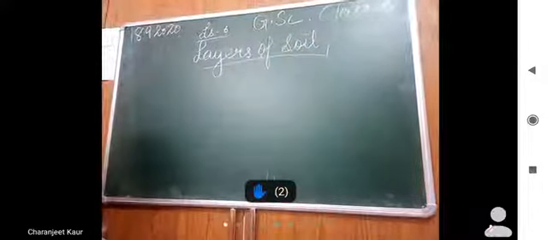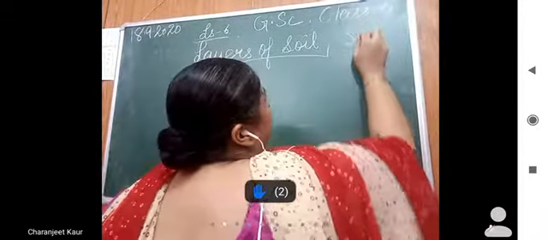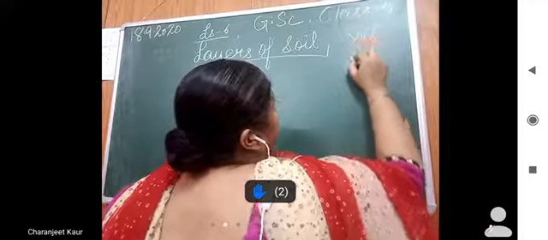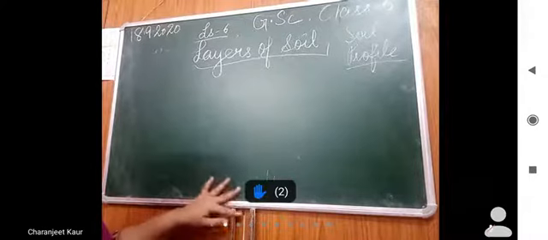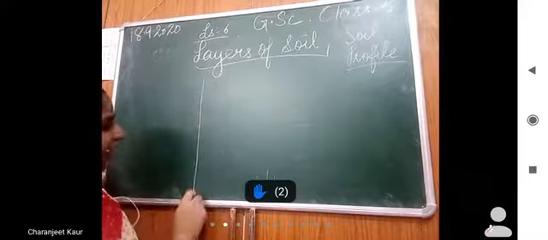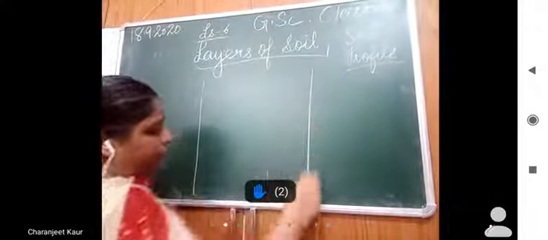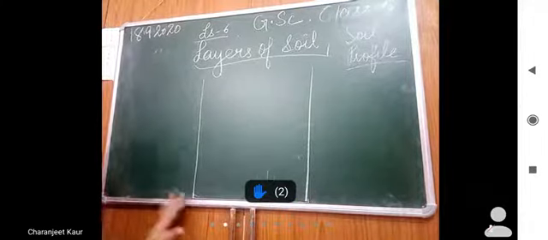And layers of soil is soil profile. Soil profile is something different from composition of soil. Is that clear? Soil is made up of 3 layers. Very shortly I will be telling you. 3 layers of soil are there.